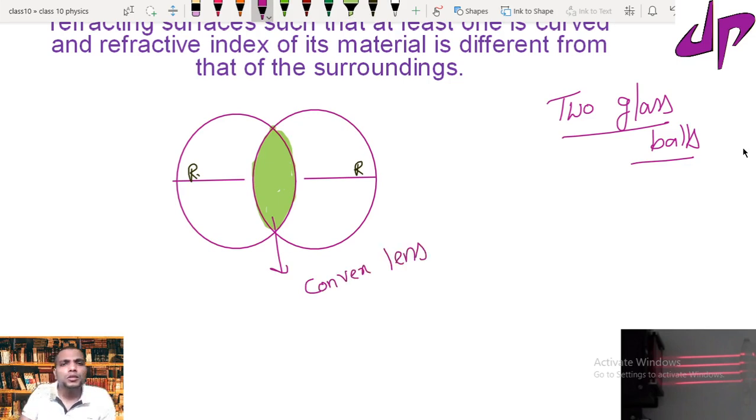It has two curvatures. Suppose I call this the first sphere having center of curvature C1, and this is the second sphere having center of curvature C2. And this is one radius of curvature.